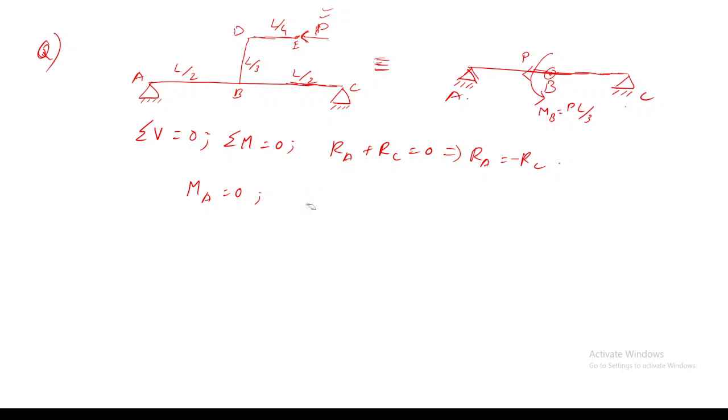We can use this only when the condition is like this: summation V equals 0 and there is a net moment acting on the beam.